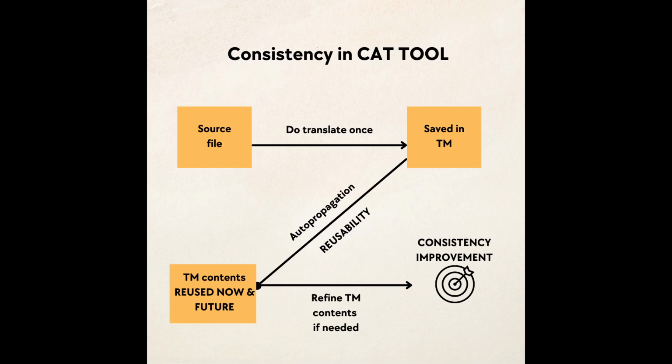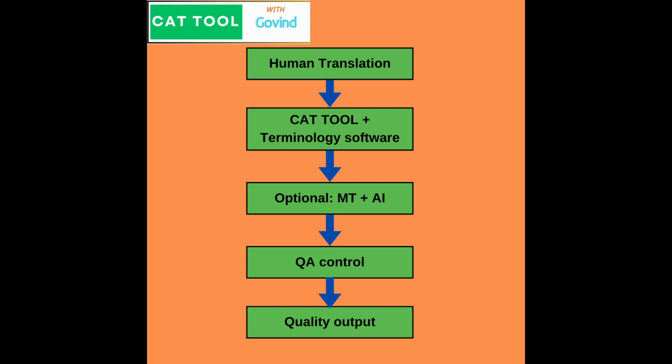When there is repetitive text, if we translate once, the remaining places get automatically propagated and filled. So that also adds to the consistency. Because of the increase in productivity, consistency, and also by performing quality checks, we'll be able to ensure a high quality of work by using a cat tool for translation or review projects.